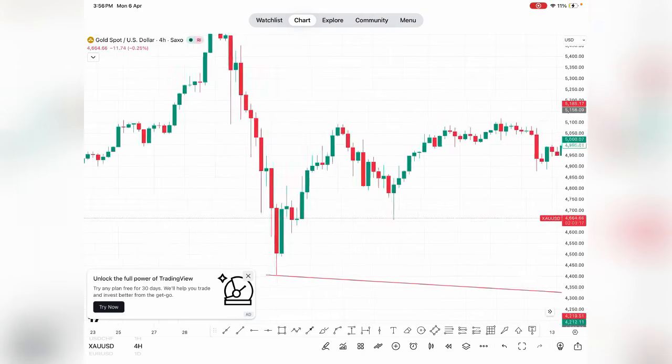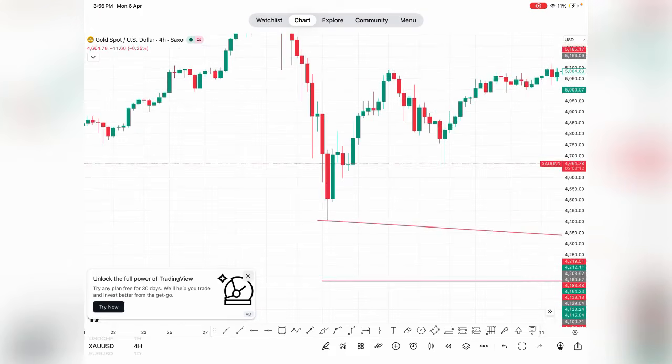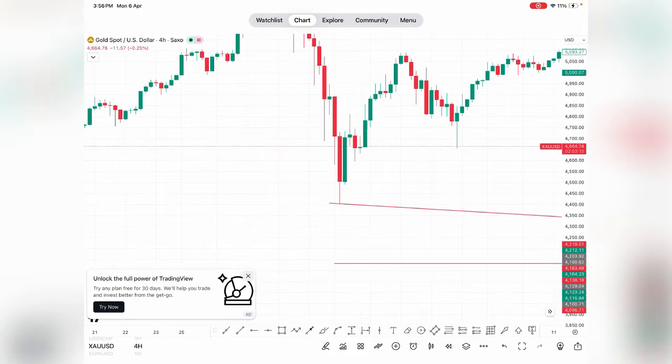Don't trade too many currency pairs. As a beginner, you should focus on mastering one or two currency pairs.